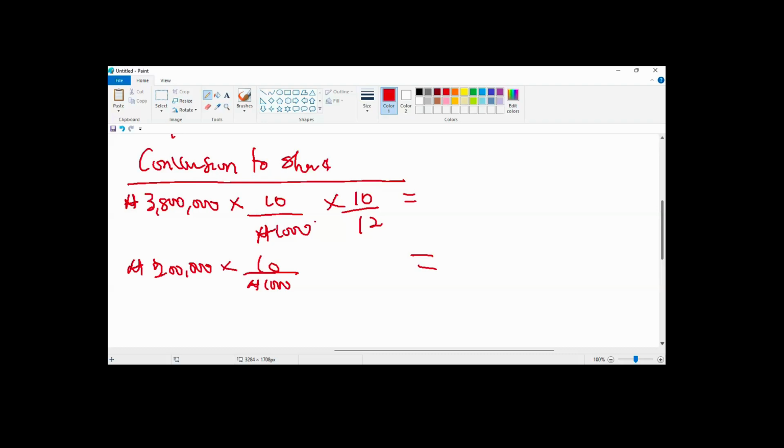So I'm waiting for the figure. The first one, 31,667. Second one, 2,000. That is 33,667. I will not test for dilution.